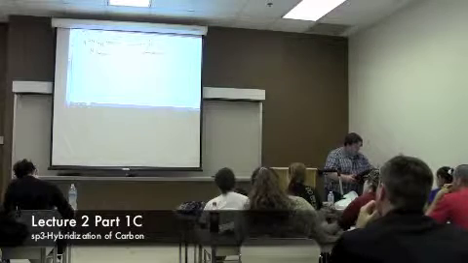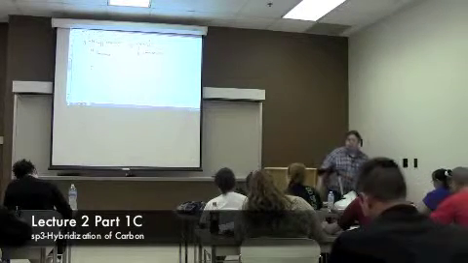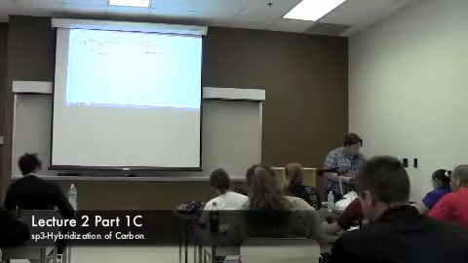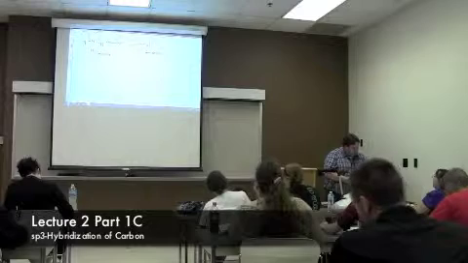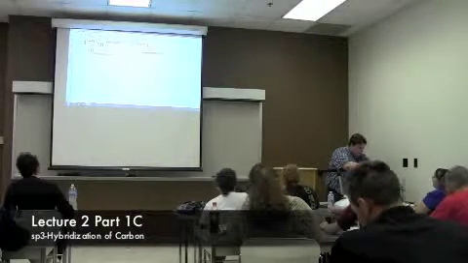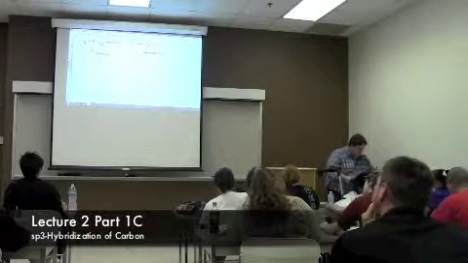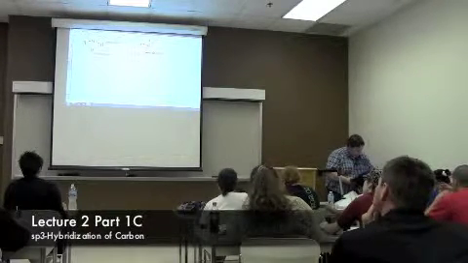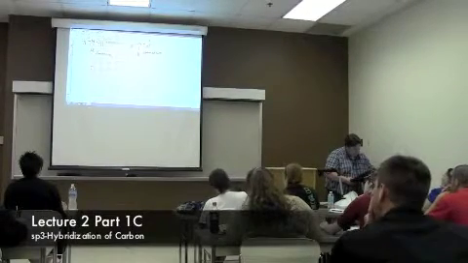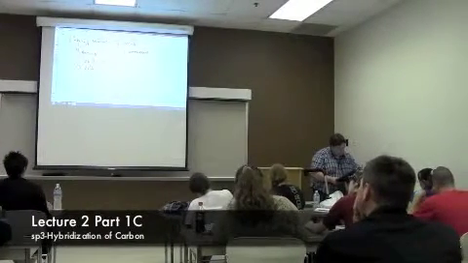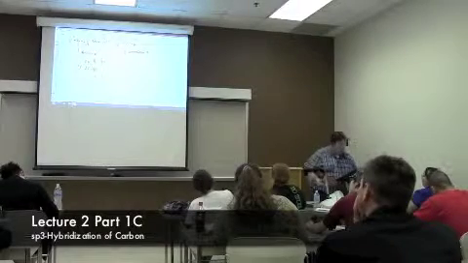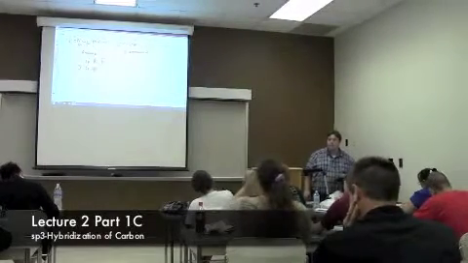Let's look at oxygen. How many valence electrons does oxygen have? 6. Okay. And if I were to look at the electronic configuration, let's see here. One, 2, 3, 4, 5, 6. Okay.